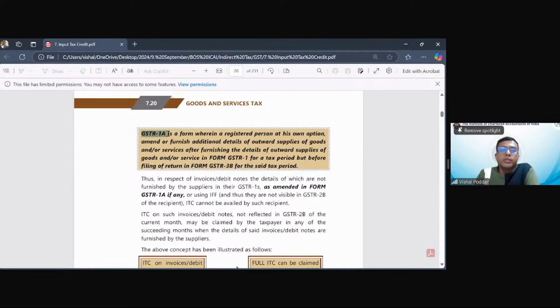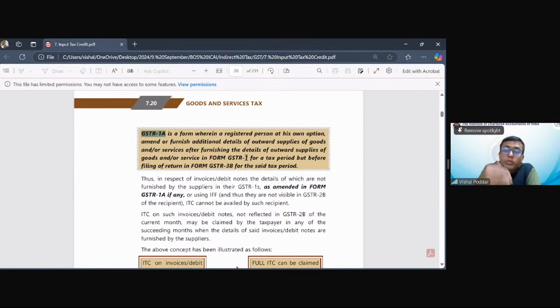So 1 is his first or the main sales return. 1A is the sales return given to him for making the corrections, if any, where he has made a mistake in his GSTR 1. So 1A will help him to amend or furnish the additional details of outward supplies of goods or services after furnishing the details of outward supplies in his GSTR 1. So he filed 1, it auto-populated in my 2A, 2B.